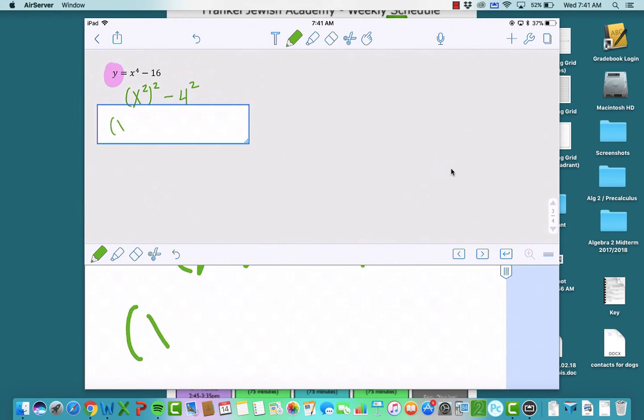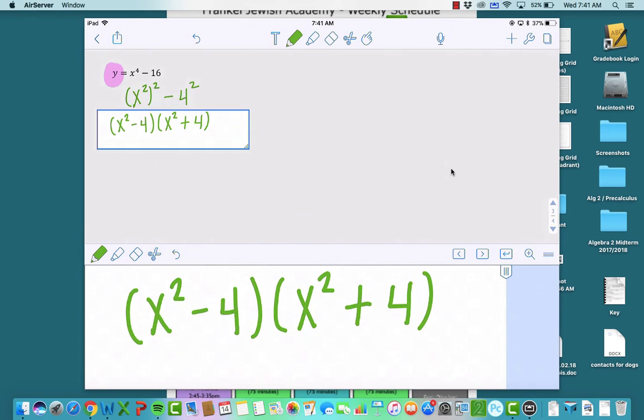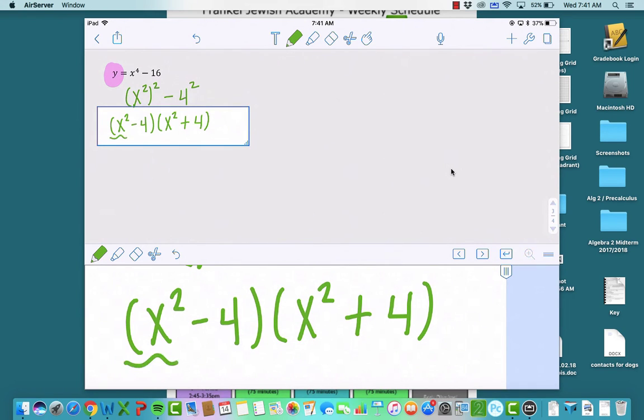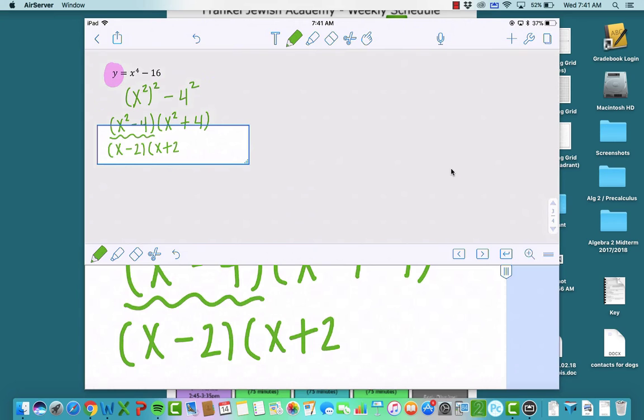Therefore, I can write this as x squared minus 4, x squared plus 4. I can also recognize that this one over here is another difference of squares. So you get x minus 2, x plus 2, x squared plus 4.